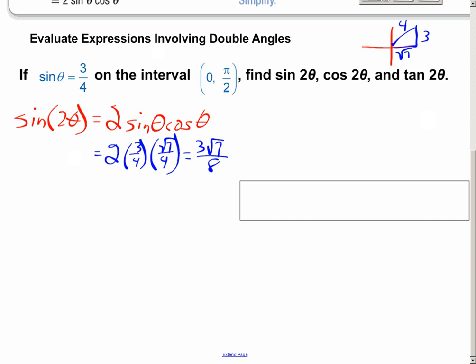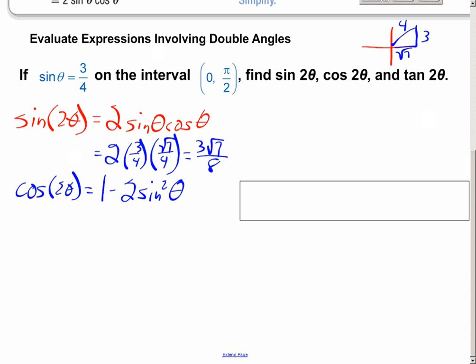Moving on to the cosine of 2 theta. We could go with any of the 3 formulas. Let's go with the cosine of 2 theta equals 1 minus 2 sine squared theta. And I choose that one because we were given the sine of theta to begin with, so it's not using anything that we weren't given to begin with.